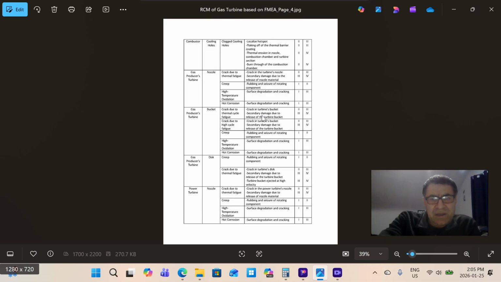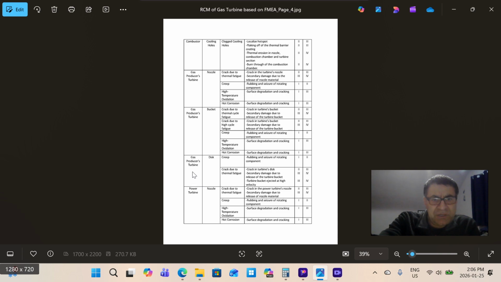Failure effect is a crack of the turbine bucket, secondary damage due to release of the turbine bucket, rubbing and seizure of the rotating component because of the failure mode creep. And as you can see, all of them are high probability of damage and failure if we do not mitigate them. But failure modes could be dropped to a lower level if you have preventive maintenance.